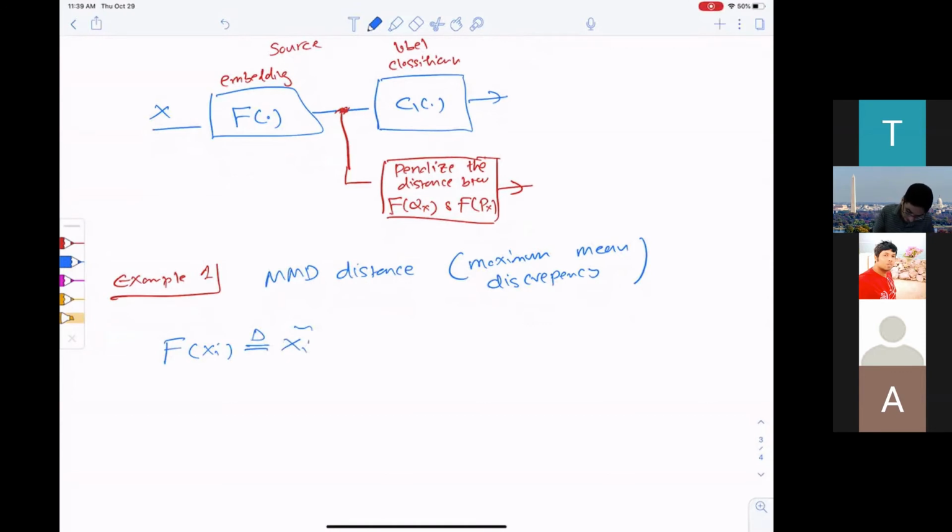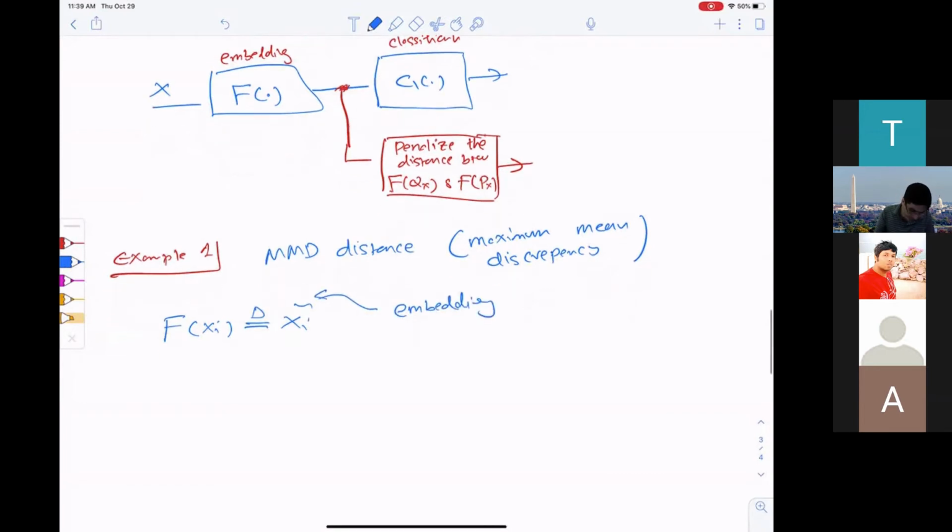So these are the embeddings for different samples we have. The MMD distance between the embedded source and target distributions is defined as the following. I have embedded source distributions and embedded target distributions. For simplicity, let's assume we have the same number of samples between them.